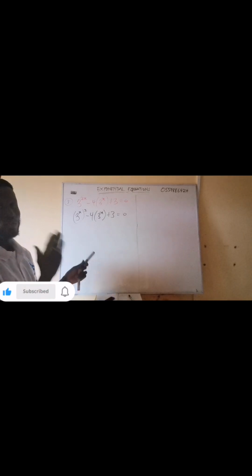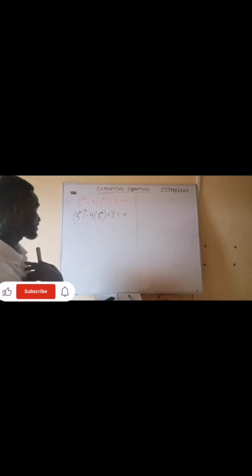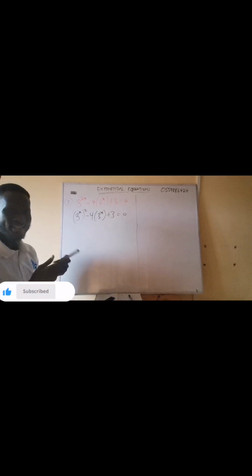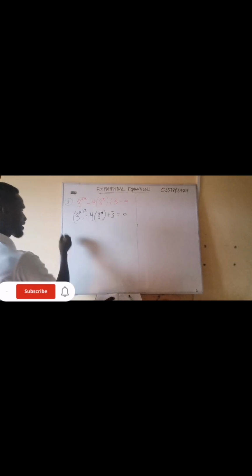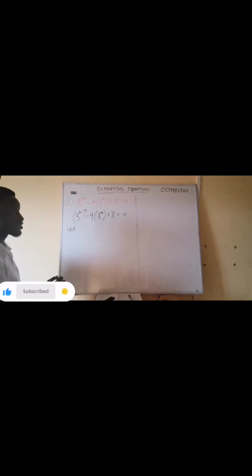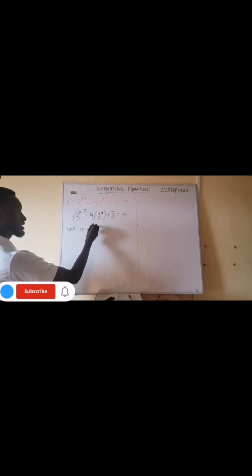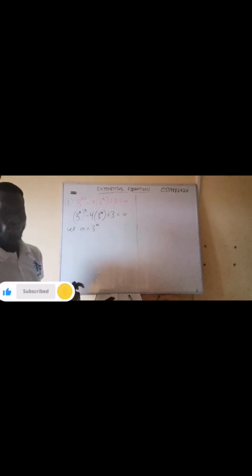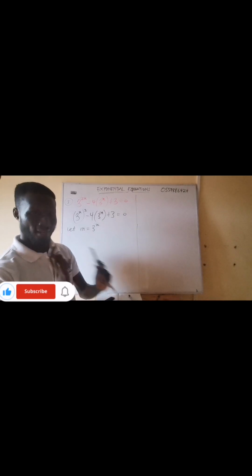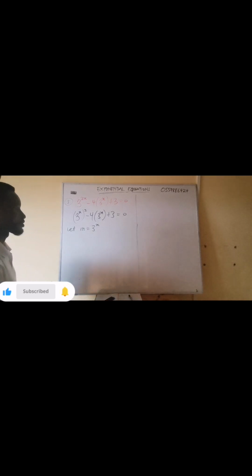That is why I said I want to make the thing so simple for yourself. Yes. So at this point, I can see 3 exponent x. To make the thing so simple, I'm going to use a variable to represent 3 exponent x. And that is all. You see the quadratic equation clearly.